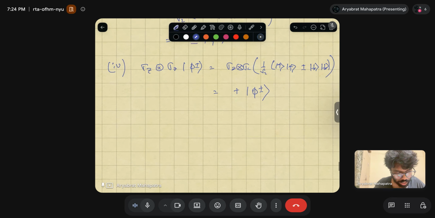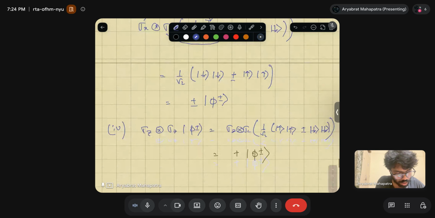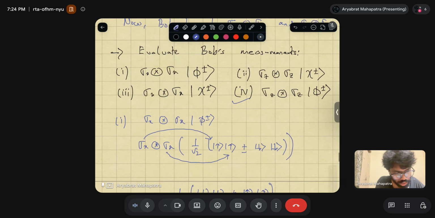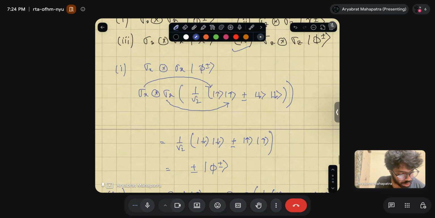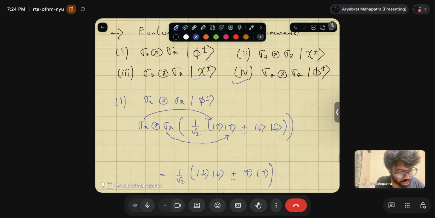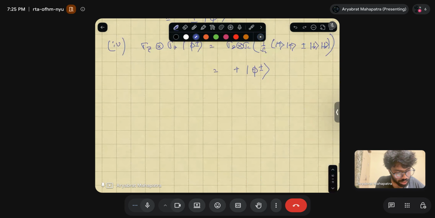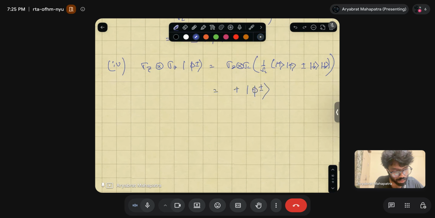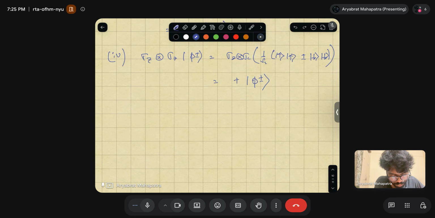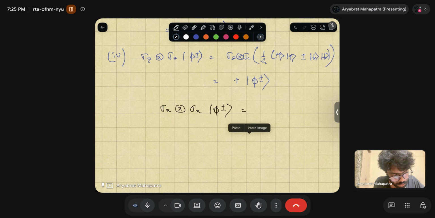So you can also do the other two cases. This is just as simple as we have seen here, how we did it with phi plus, you can do for chi plus and minus. The same algebra or computation you have to do here. So I can list down the four possibilities. If sigma x cross sigma x acts on phi plus minus, it will give you plus minus phi plus minus, as we have seen.